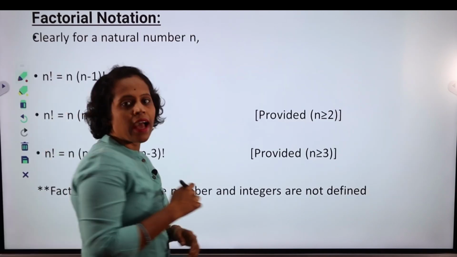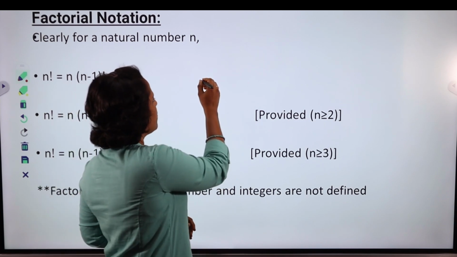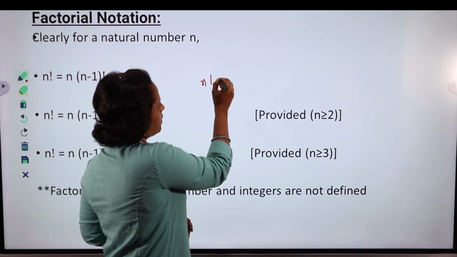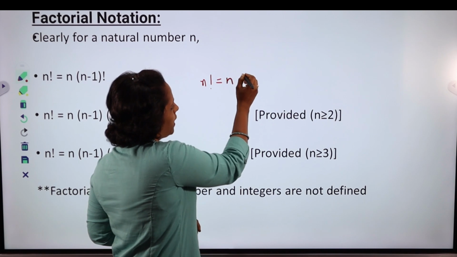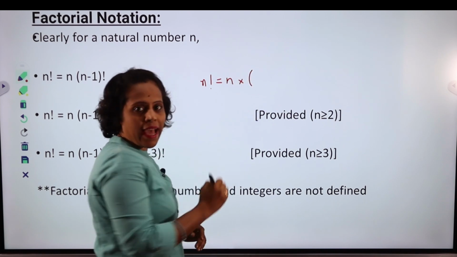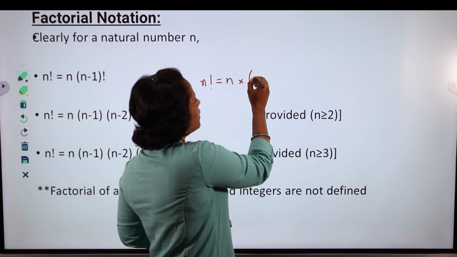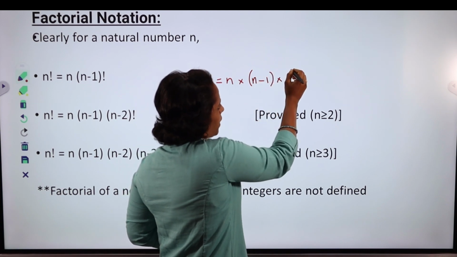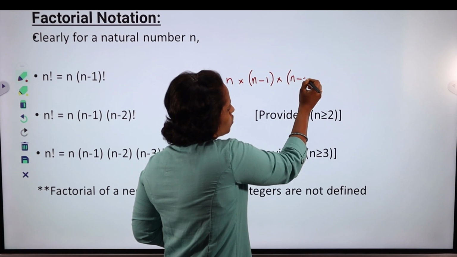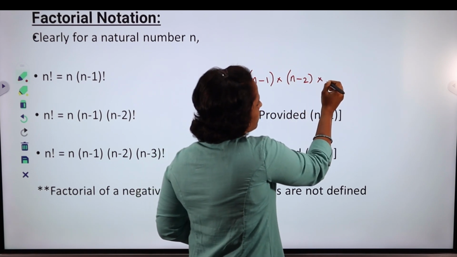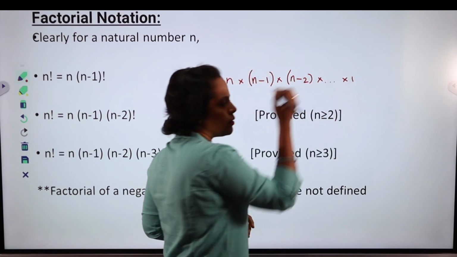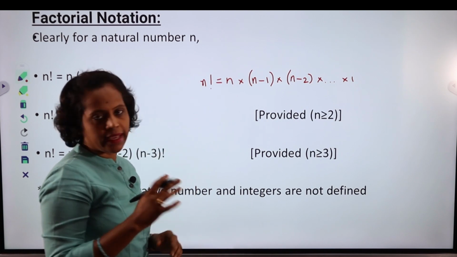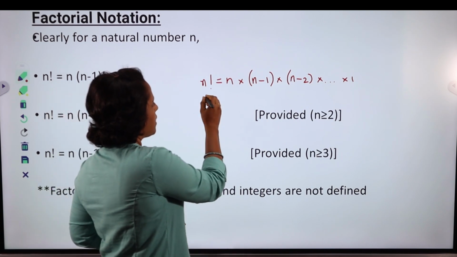Factorial notation, as we have seen: n factorial is n multiplied by all the natural numbers below n, right? The next natural number below n is n minus 1, multiplied by n minus 2, and so on till 1. Now here I'll take a small example and you'll understand it better.